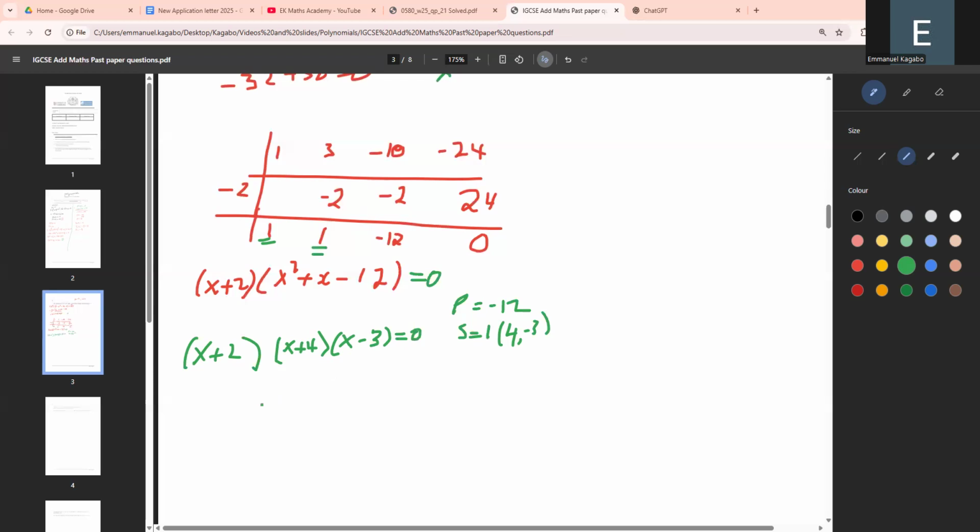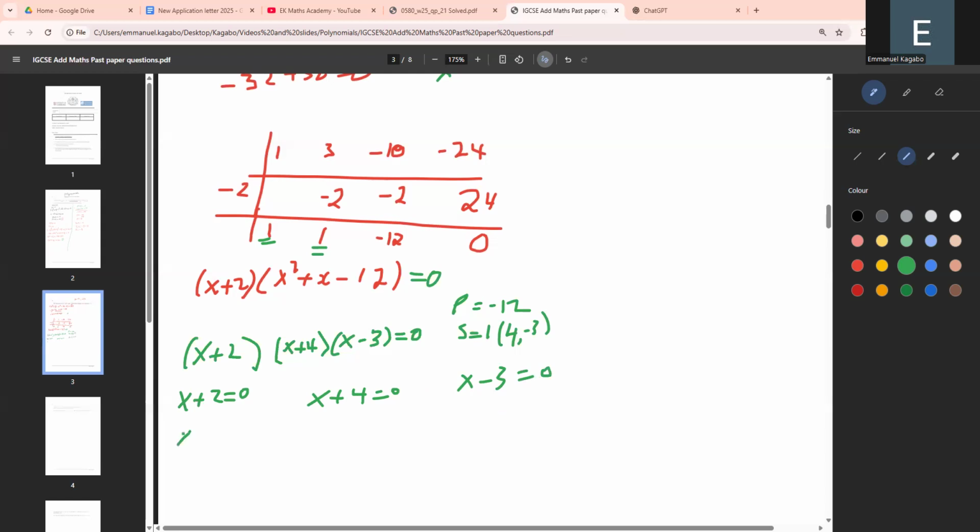Now, when you reach here, you are multiplying 3 polynomials, and when you multiply them, you got 0. So if you're multiplying numbers and you get 0, that means one of them is equal to 0. So what do I do now? It's x plus 2 equal to 0, and x plus 4 equal to 0, or x minus 3 is equal to 0. Are we together here? Very good.